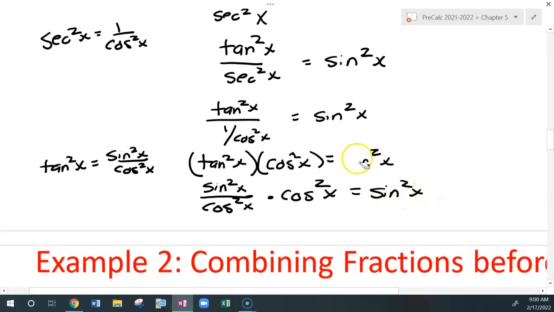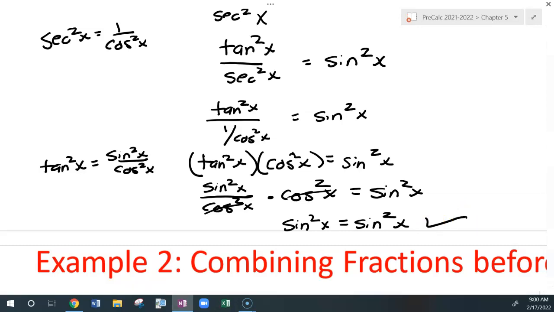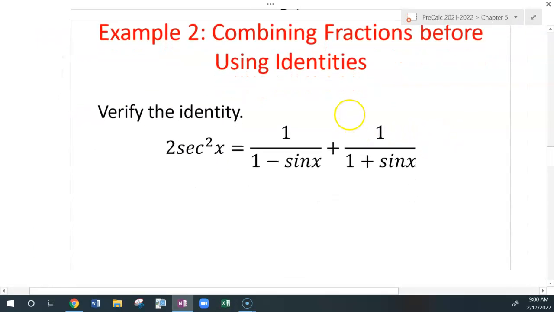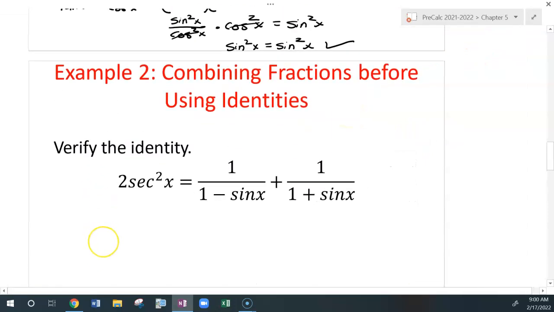And I don't know why I wrote secant there. I'm not changing my right side at all. Now the cosine squareds cancel out, and I have sine squared x equals sine squared x. That's what I want. I have made my left side match the right side, so I have verified my trig identity.